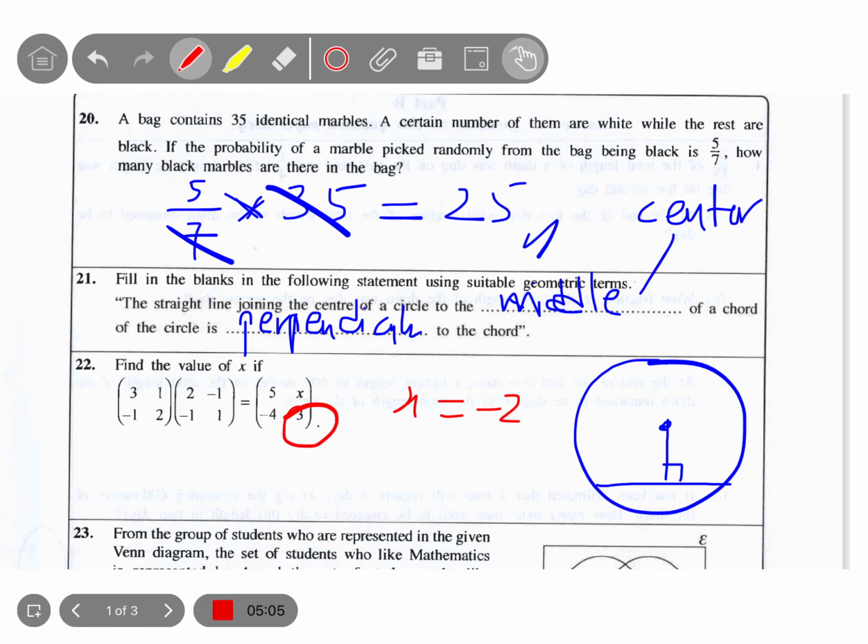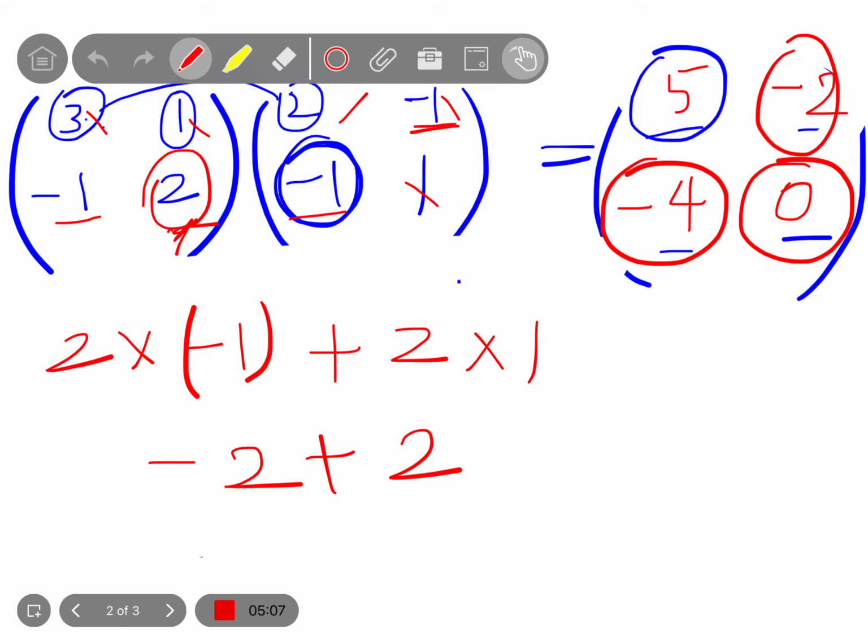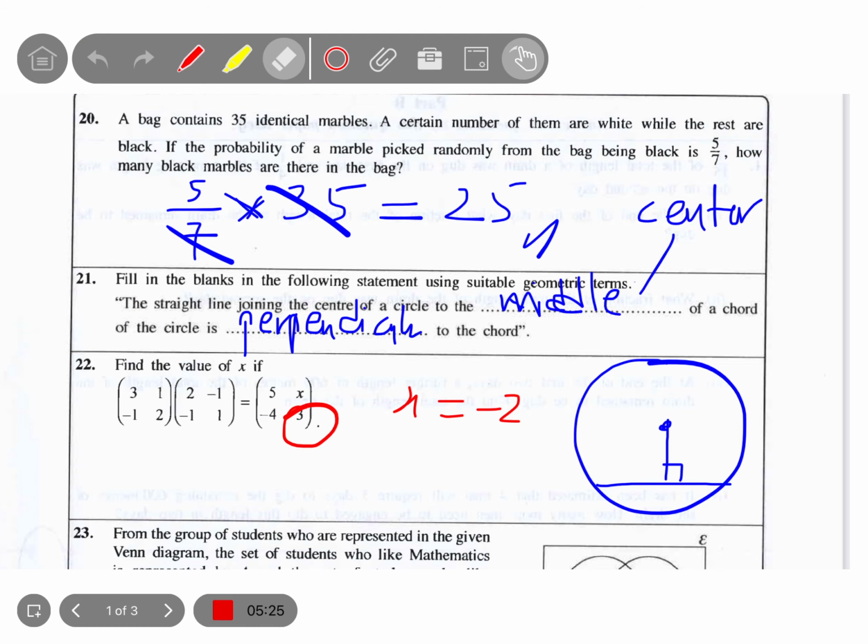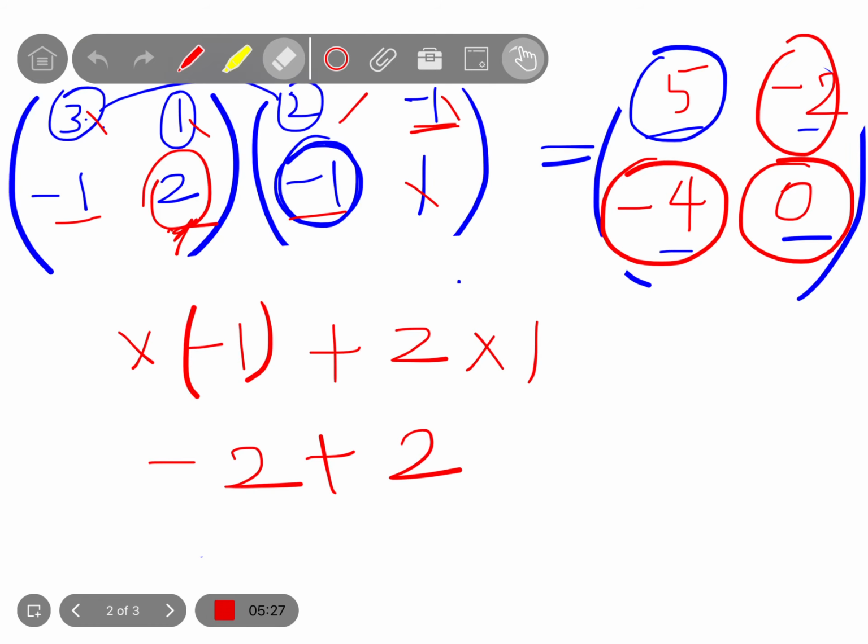The last value is mistaken, I believe. Yeah, there's a small mistake here. Is it 1 over there? Yeah, this is minus 1.